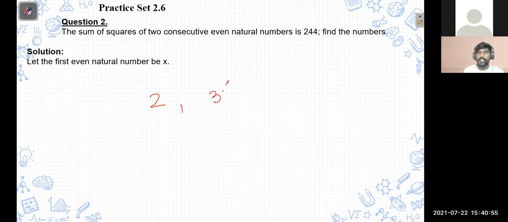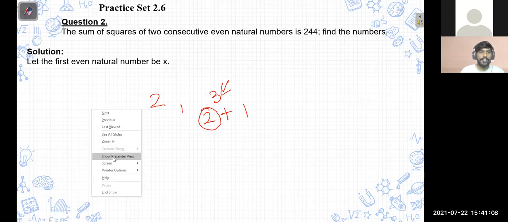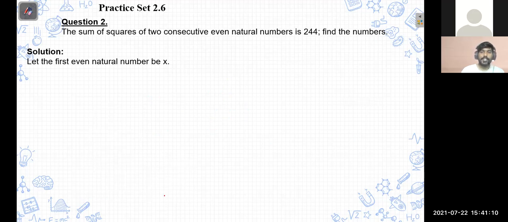Note that you can write this 3 as 2 plus 1, the previous number plus 1. So the next number after x would be x plus 1. Yes, correct.